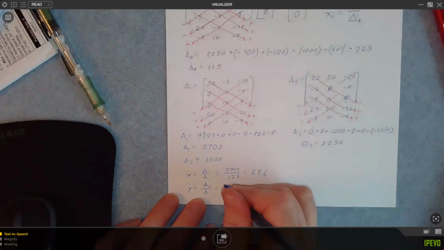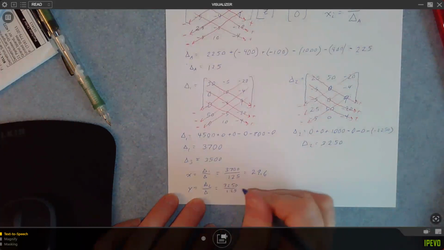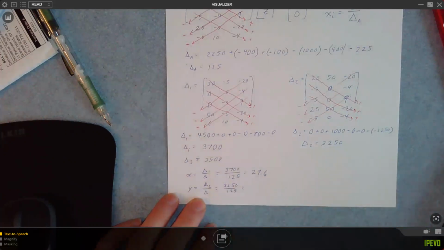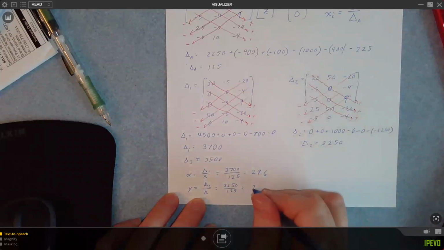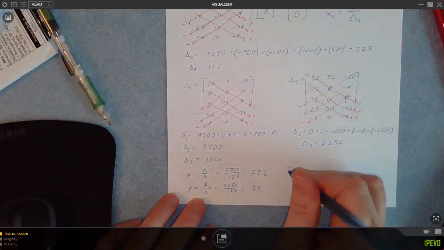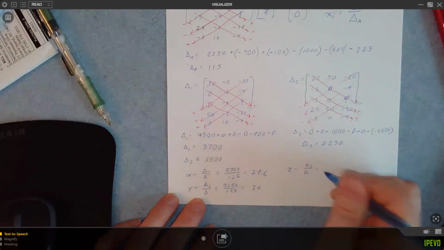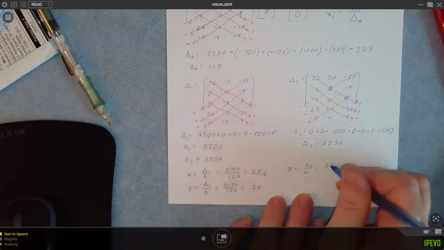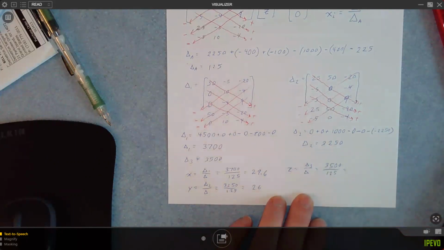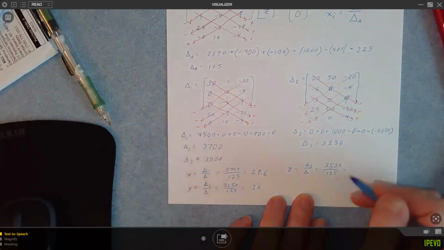That's going to be 3,250 divided by 125. It's 26. And then Z is going to be delta 3 over delta, and that's 3,500 divided by the 125. 28.